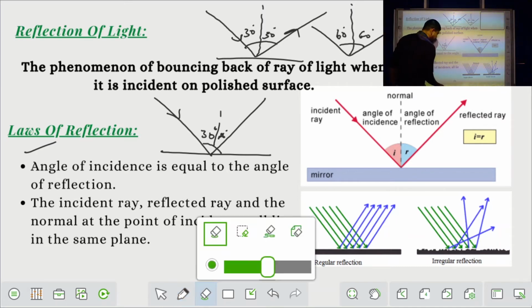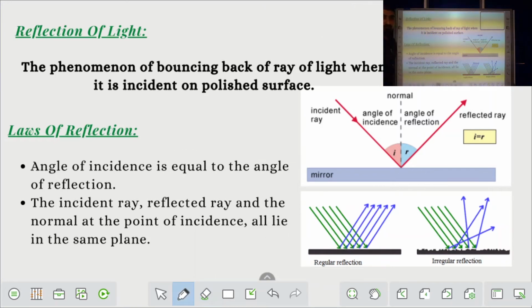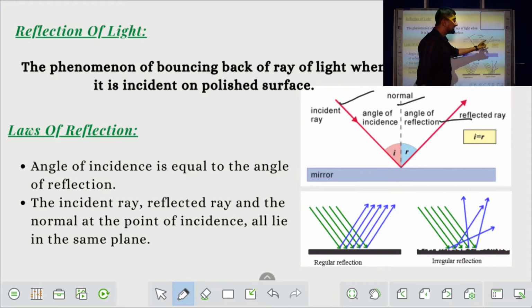So what does this mean? We know this is the incident ray, this is the reflected ray, and this is the normal. These three lines, where are they coming into contact? Obviously at this point, the point of meeting.